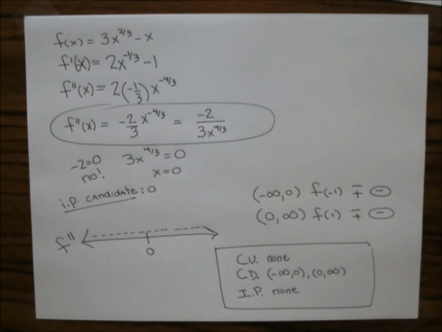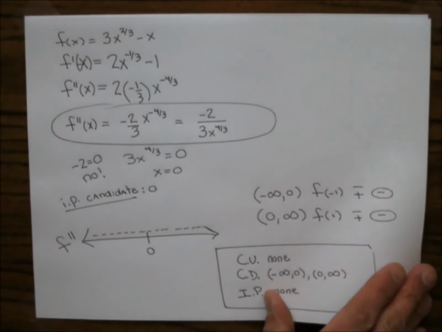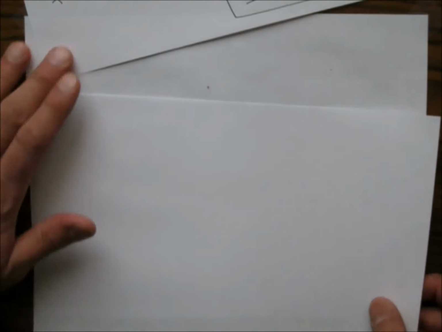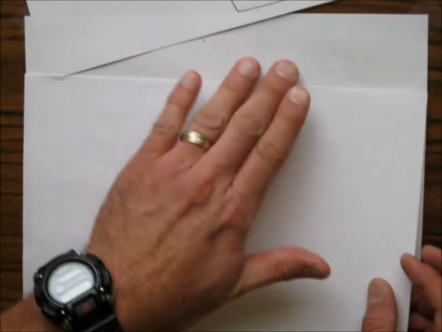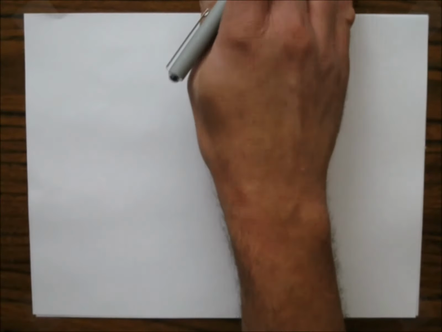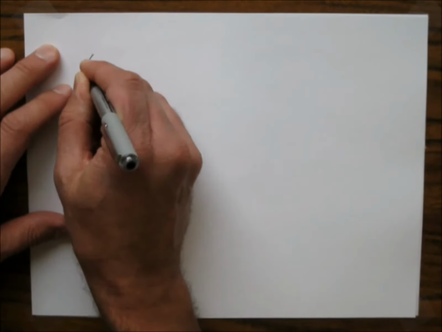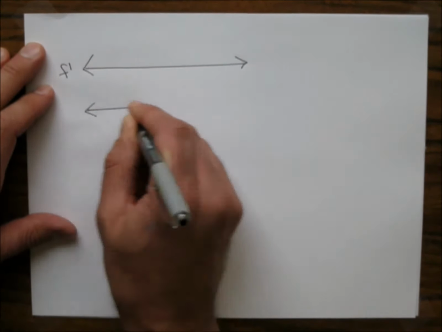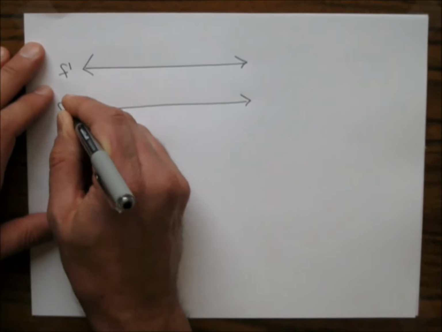What we're going to do now is graph this thing. So I'm going to get another piece of paper, and we are at the 54 mark. I'm going to reproduce some of the number lines that I had. Here was the first derivative, and here is the second derivative.